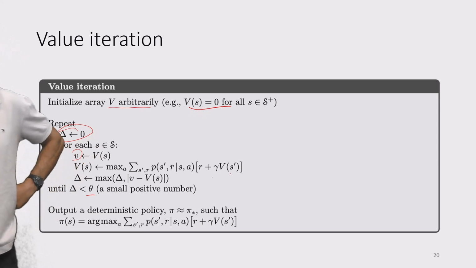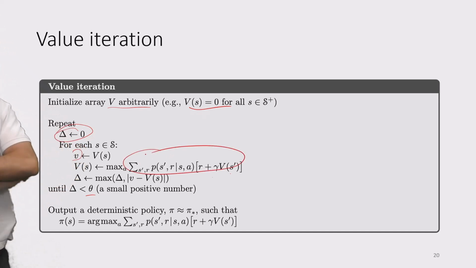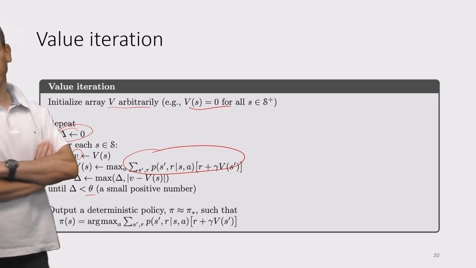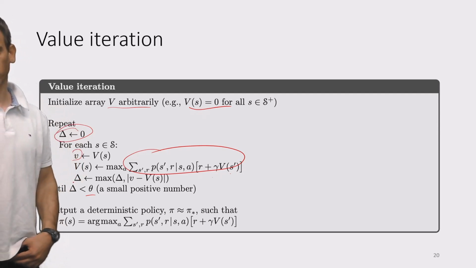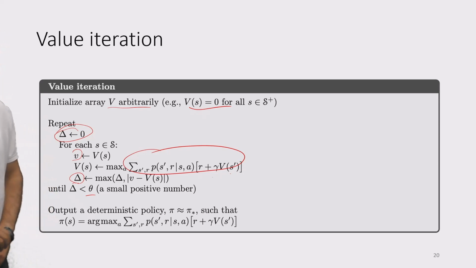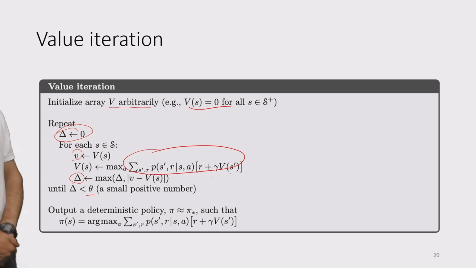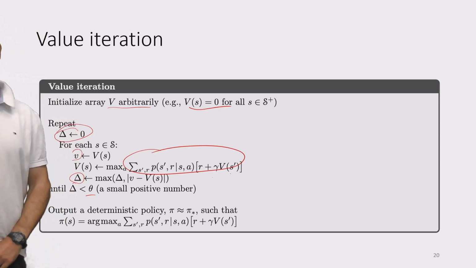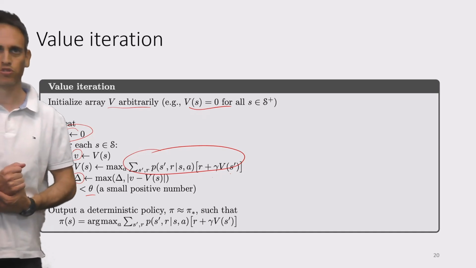We do that for all actions, and we choose the action that maximizes this expected sum of rewards from this point onwards. And we set that as the state value. And again, during this process, we always keep track of the largest delta, the largest change in the state value that we perform during the current iteration. And once this change becomes small enough, we stop and we say that our process converged.